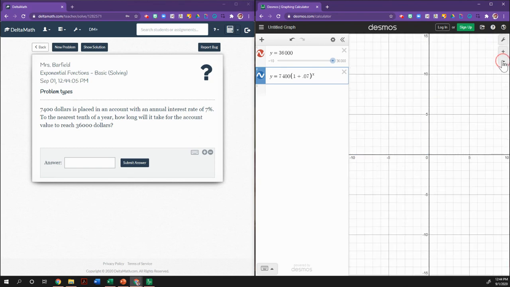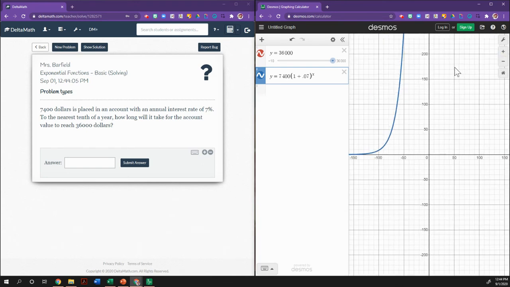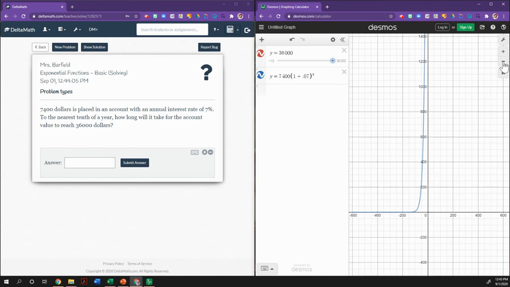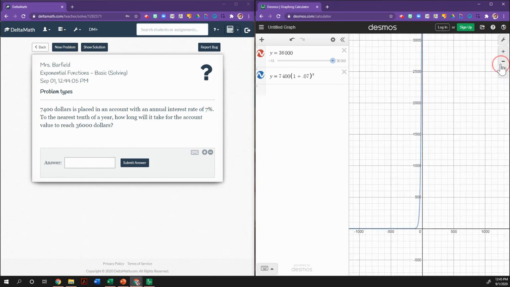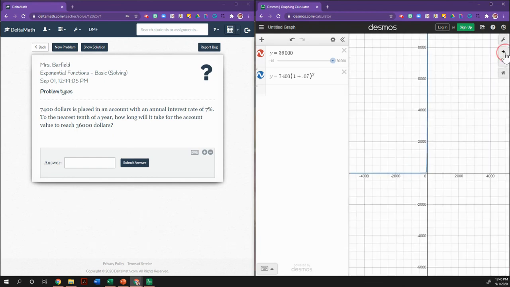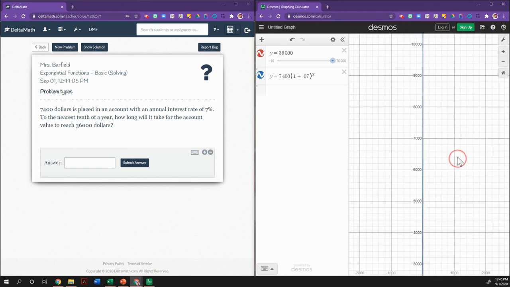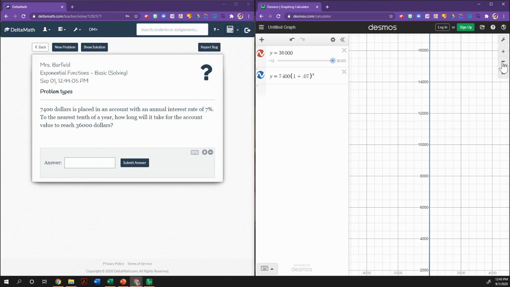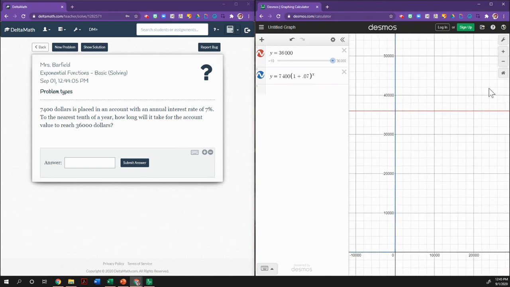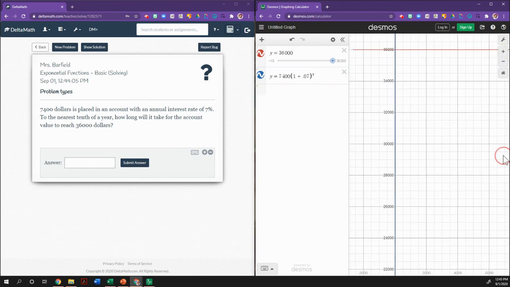Let's click on this home button, and then let's zoom out. We have to zoom a little more now. All right, 36,000. So there we go. Now if I zoom in, let's see if I can keep that in the middle.